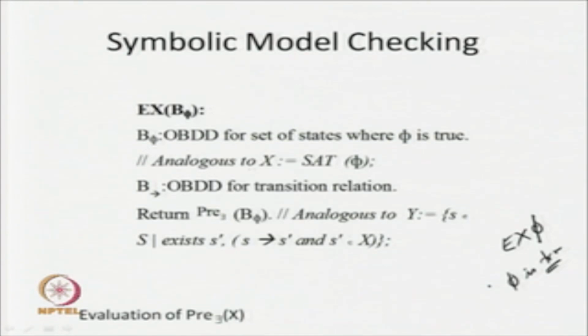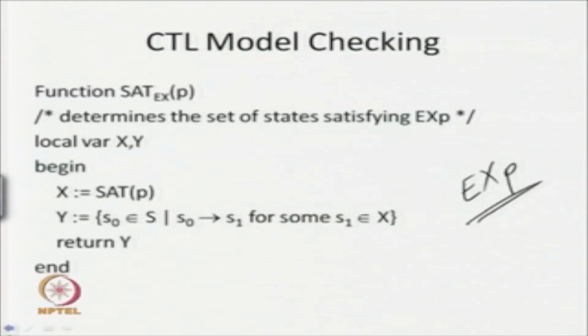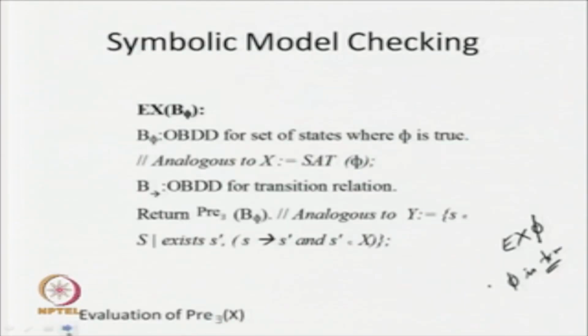This is analogous to assigning the set of states where phi is true to X, that is, X is equal to the set of phi. B arrow is the OBDD representation of our state transition system. Whatever variable ordering we have for B arrow, we should maintain the same variable ordering for B phi also.